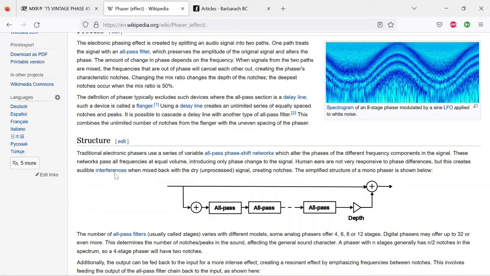The phase shifted signal on its own we won't hear a difference, but when it's combined, it interferes with the original sound and gives us a nice sound.